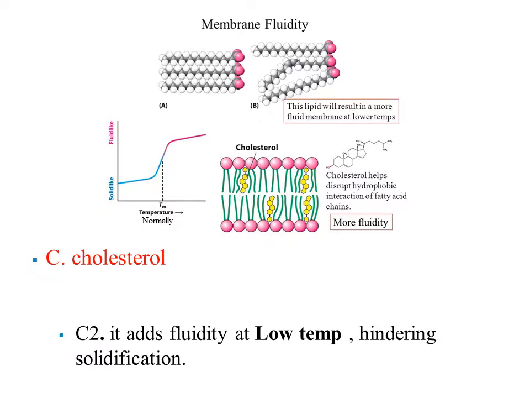The second thing cholesterol can do is it can add fluidity at low temperature. All right? It can hinder solidification. So let's say there's a fish, an Arctic fish. You often wonder why this Arctic fish can be in very, very extreme environments and not turn solid. Well, if it adds cholesterol to its membrane at low temperature, the cholesterol is going to hinder solidification.